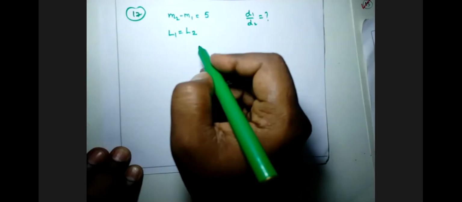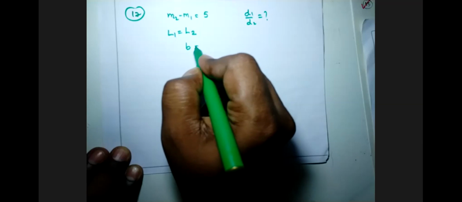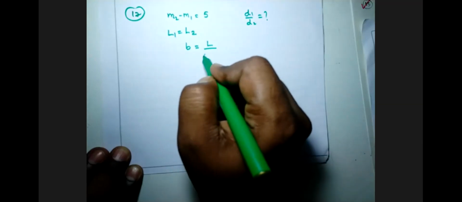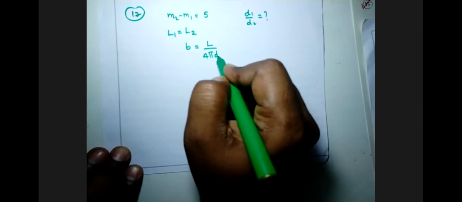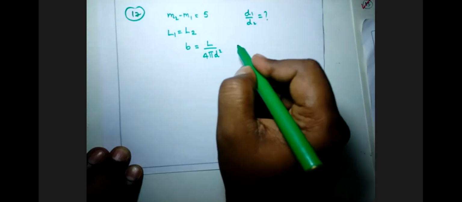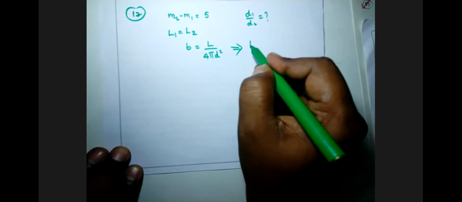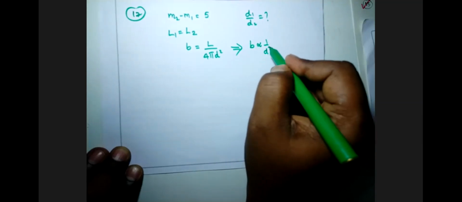So we know that brightness of a star is given by luminosity divided by 4 pi d square. When L is constant, brightness of the star is inversely proportional to square of the distance.